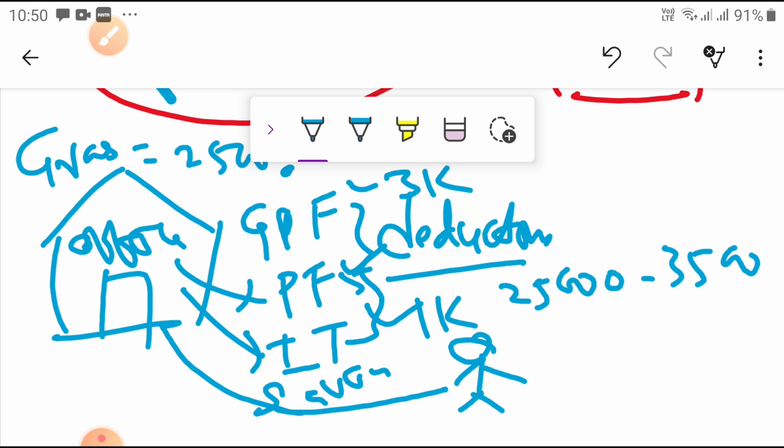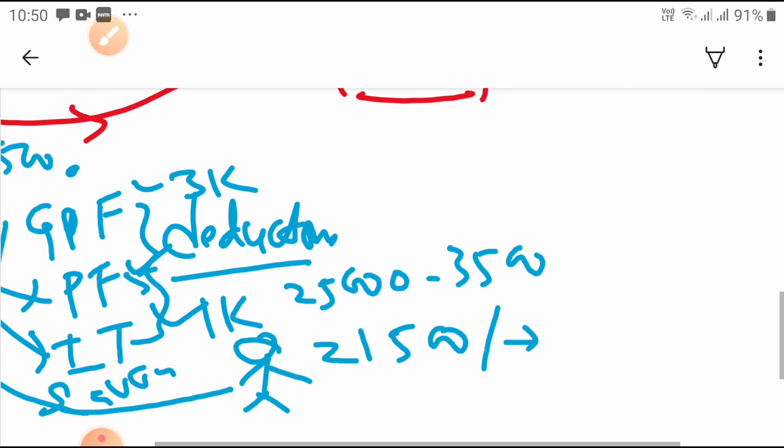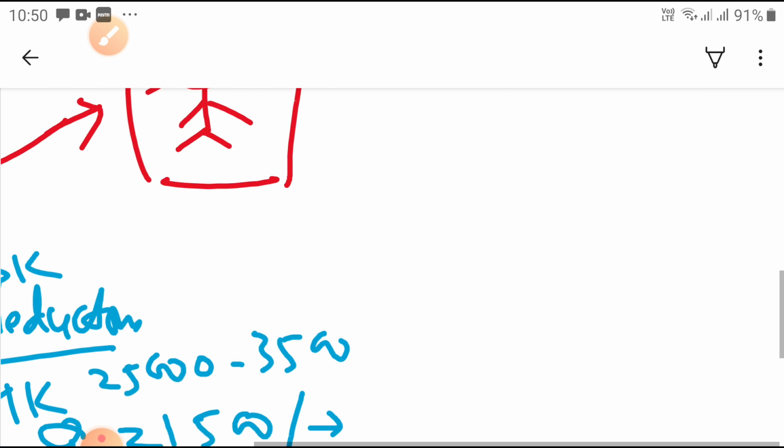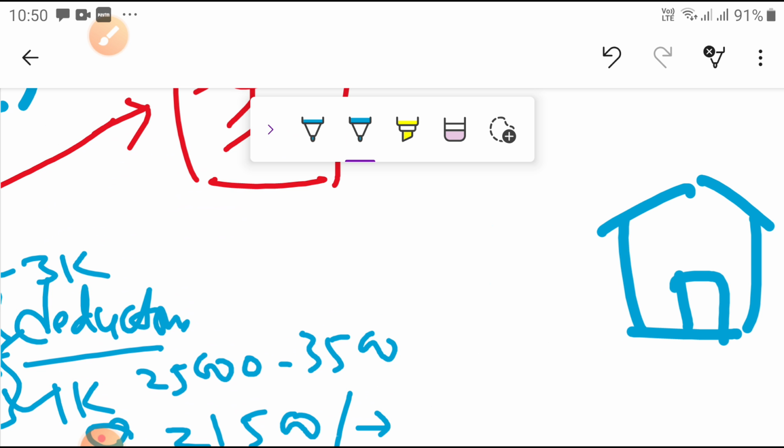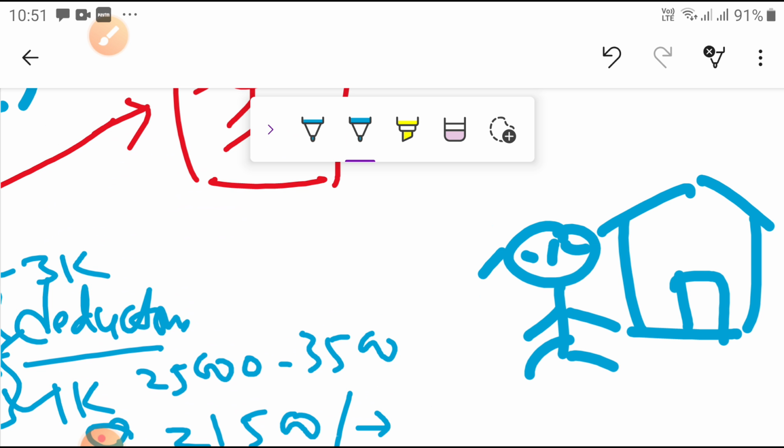Then what is the amount? 21,500 rupees, that will be given to your mother. Now your mother is waiting on the pay date. Now she will take the money, but the amount is reduced.